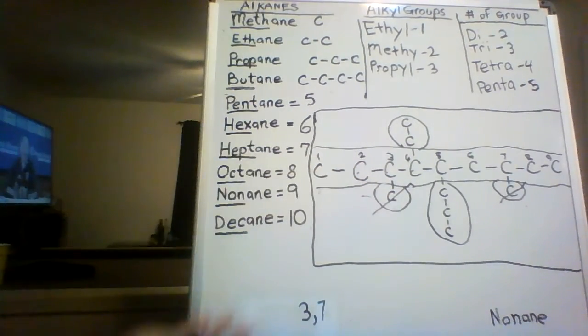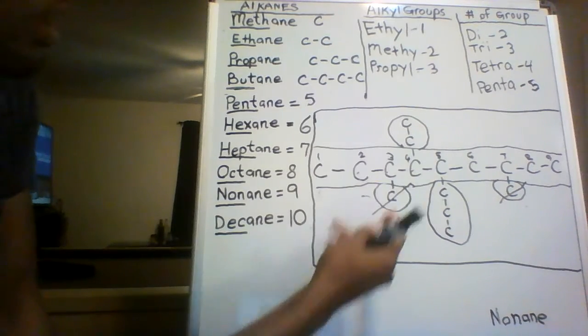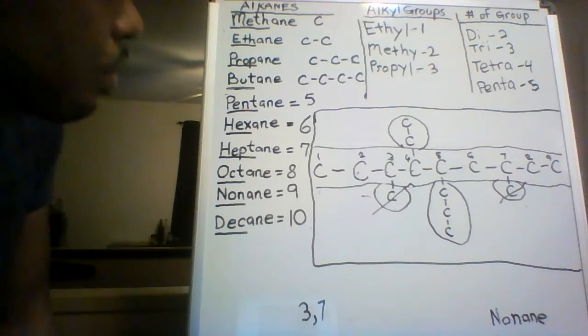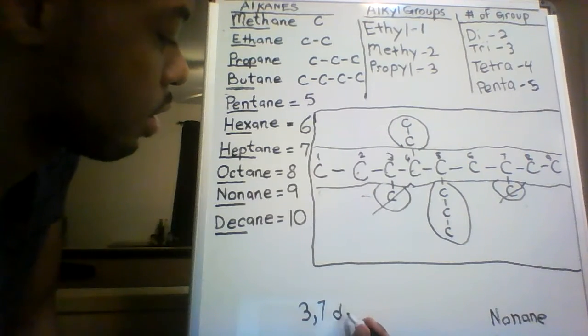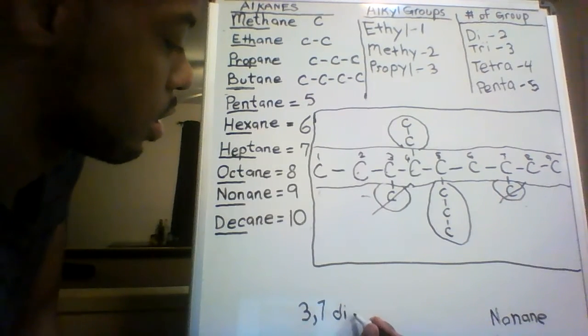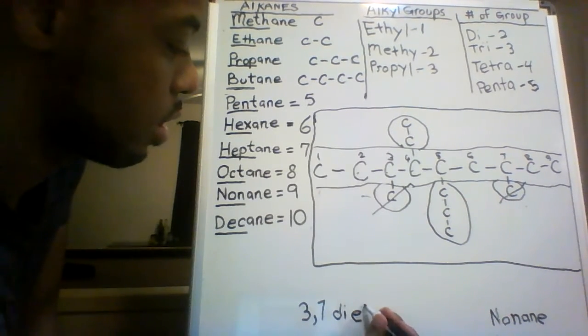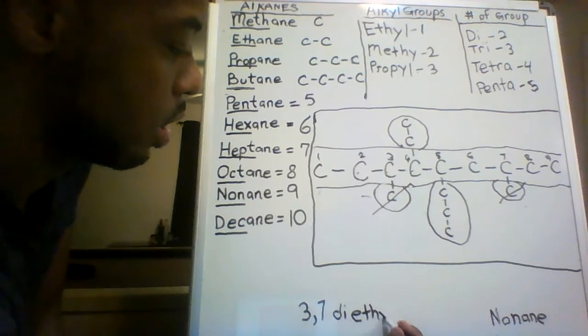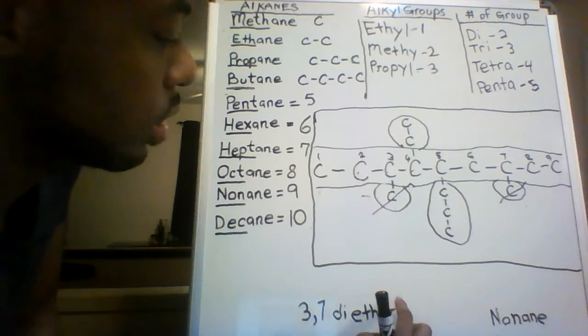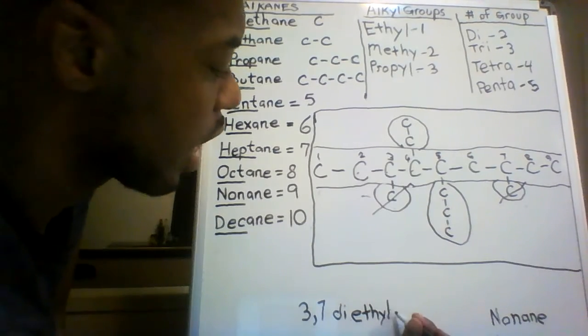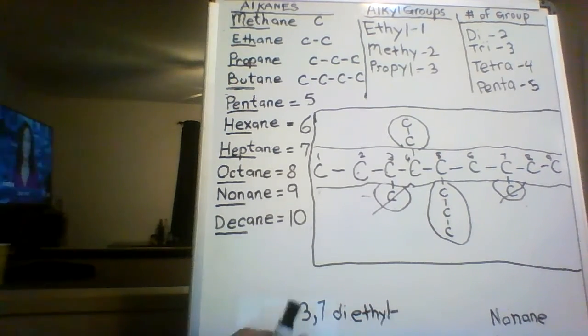It's all just names you use, you're pretty much just marking down what you see on the board. So this is going to be 3,7-diethyl. I believe it's supposed to be a dash right here. I'm not sure. I believe it's a dash that goes in between, once you name your single one right there.